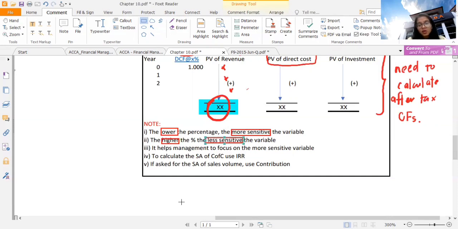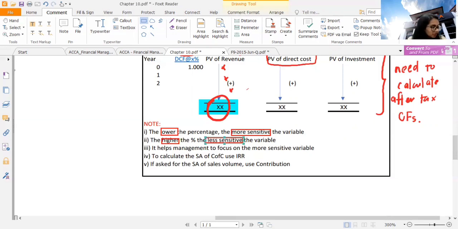So why do you need to calculate this sensitivity analysis? What's the objective? What's the reason you calculate sensitivity analysis? The reason is to ensure that you will be able to focus on the most sensitive variable.